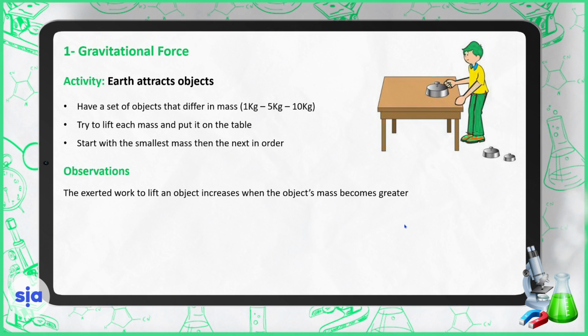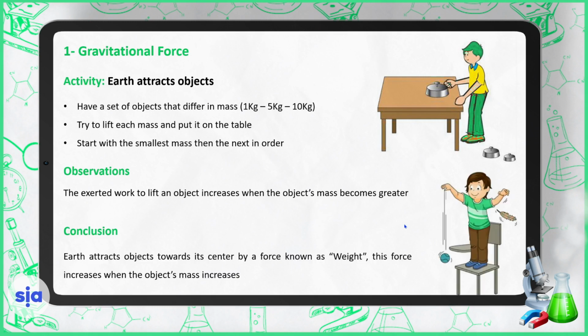What do you find? The exerted work to lift an object increases when the object mass becomes greater. I think it makes sense. Whenever the object mass becomes greater, so you need more work to lift it up.